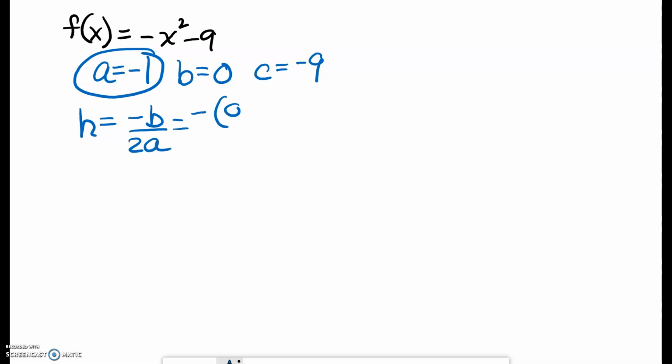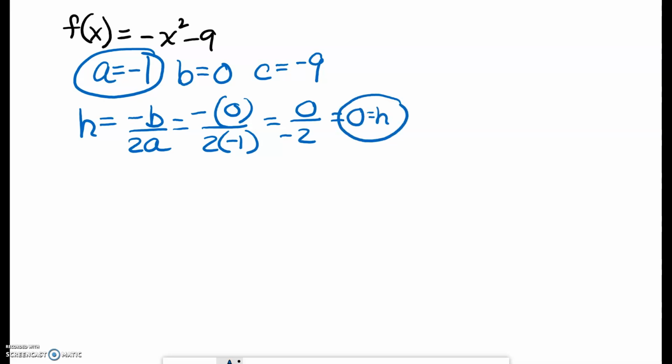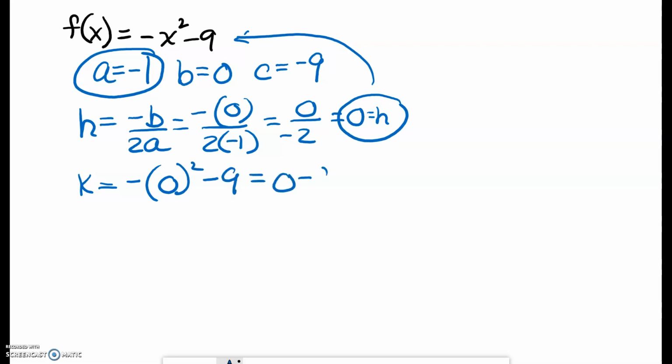So we have negative times 0 over 2 times -1. So that's going to be 0 over -2, which is just 0. That's our h value. For k, we're going to plug 0 into this equation. 0 squared minus 9, that's 0 minus 9, which is just a -9. So that's our k value.